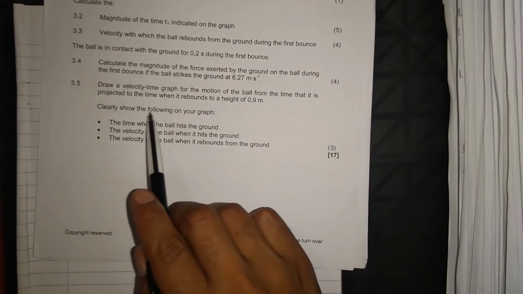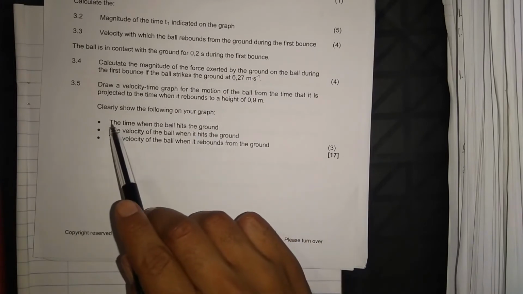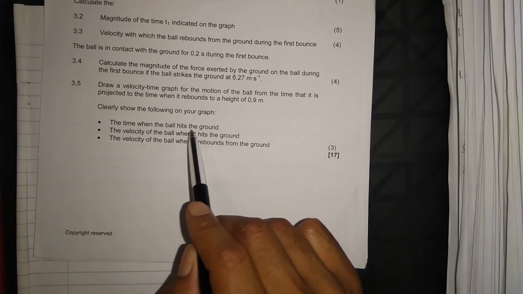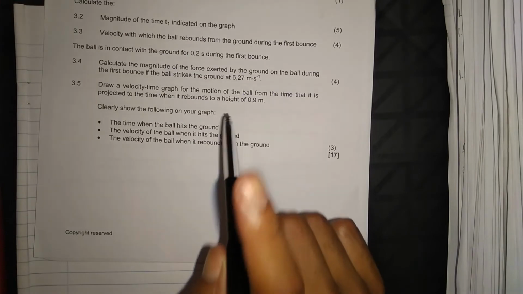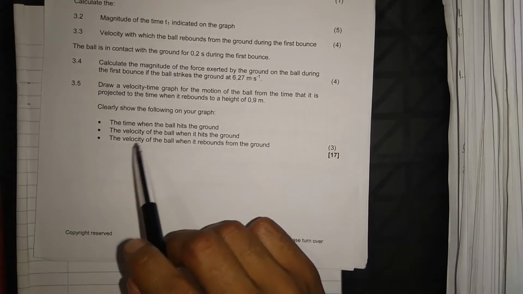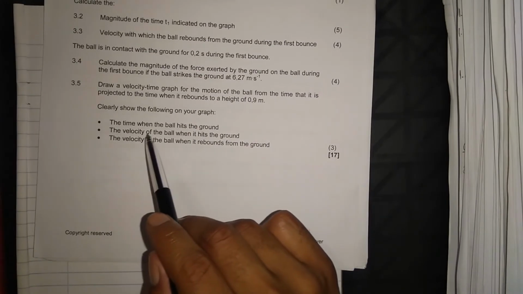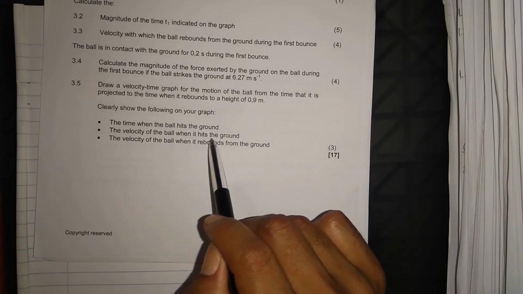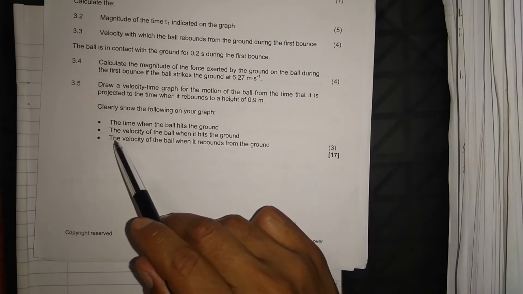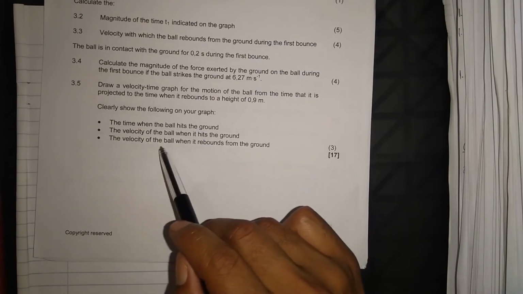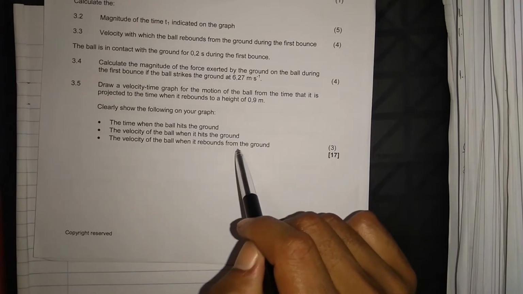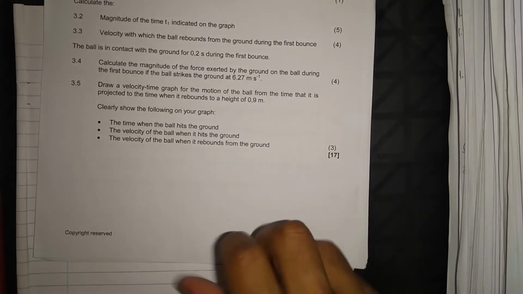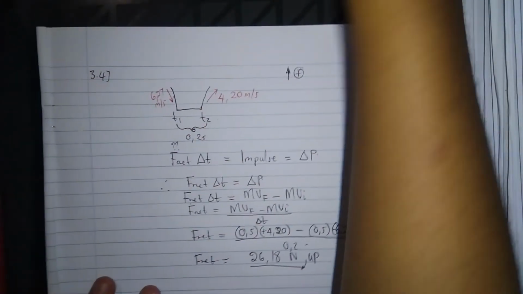Clearly show the following on your graph: the time when the ball hits the ground, the velocity of the ball when it hits the ground, and the velocity of the ball when it rebounds from the ground.